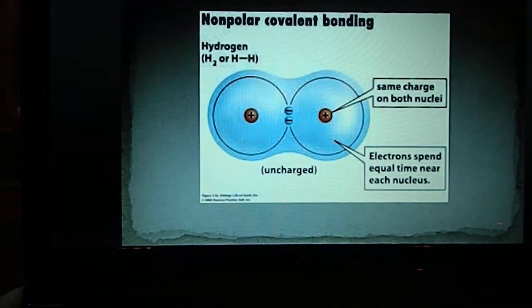So here's a nonpolar covalent bond of hydrogen, and you can see that most of the time, since they have the same electronegativity, they're not going to have this constant drastic tug of war between the two atoms.